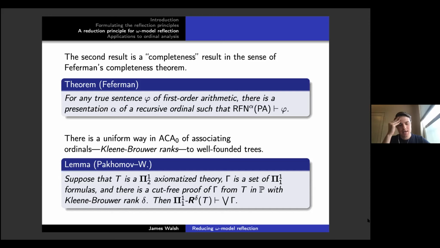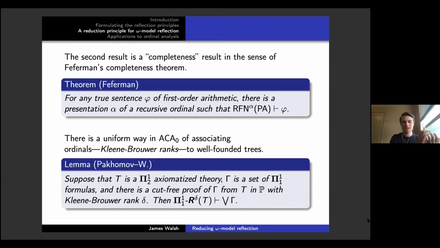There is a technicality here. If T had higher complexity, you wouldn't be able to know just from iterating pi11 reflection what was going wrong.